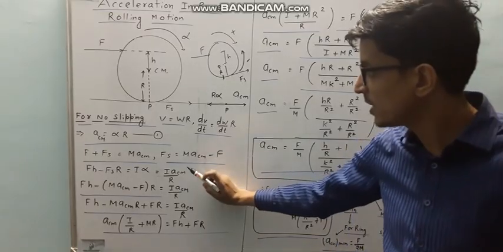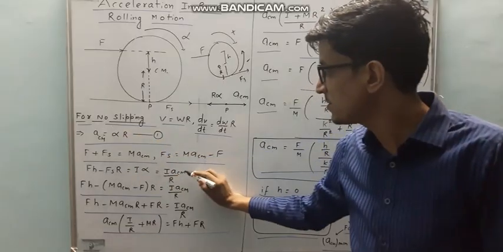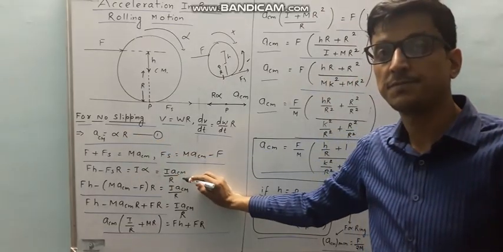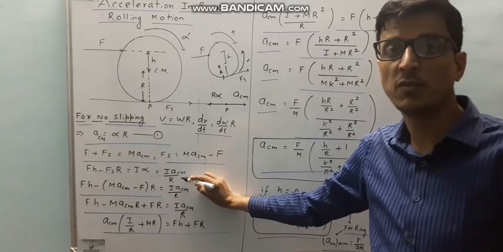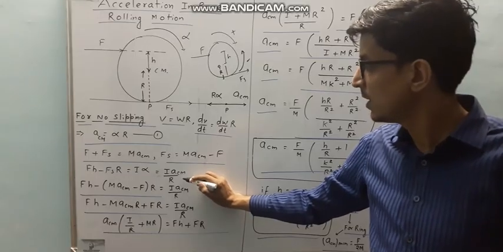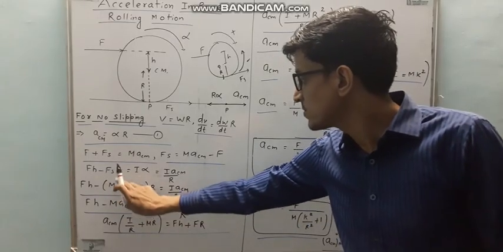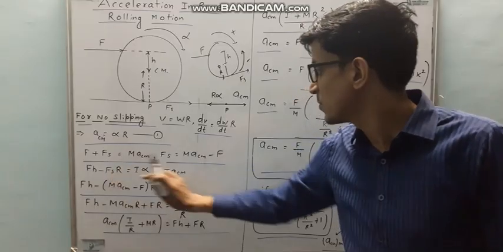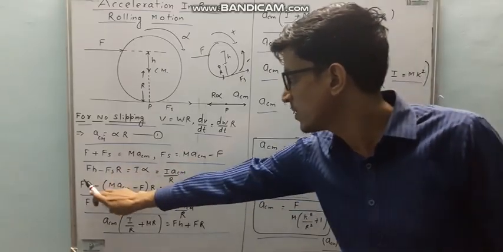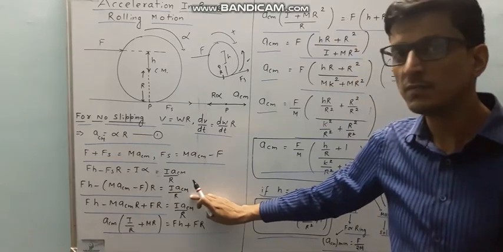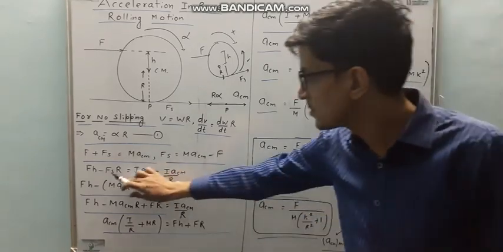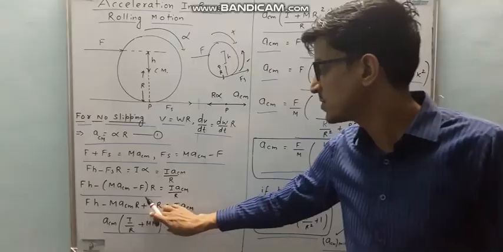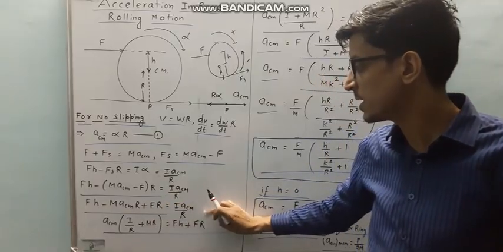From here, alpha will be a_cm upon r. So we substitute the value, alpha is equal to a_cm by r. Now, if we substitute the value of Fs in this equation, we multiply these terms and have Fh minus m a_cm into r plus Fr is equal to I a_cm by r.